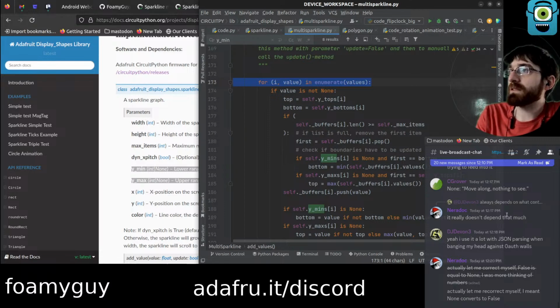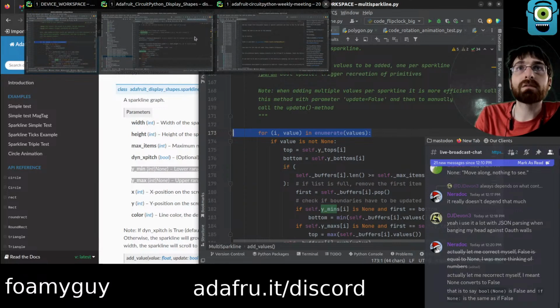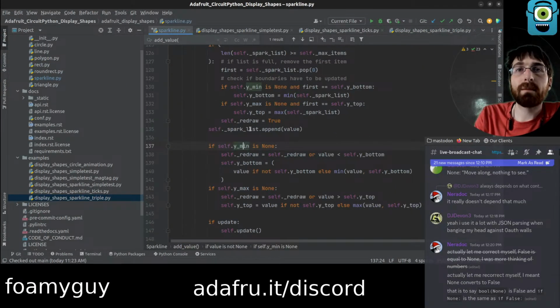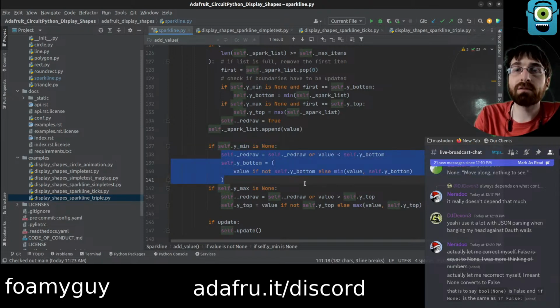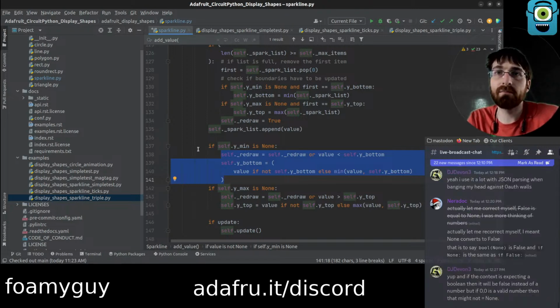None converts to false. It's not none, it is 0. This should not trip, so we will not go in there. I mean, I tested 0.0, and I assume int 0 behaves the same.